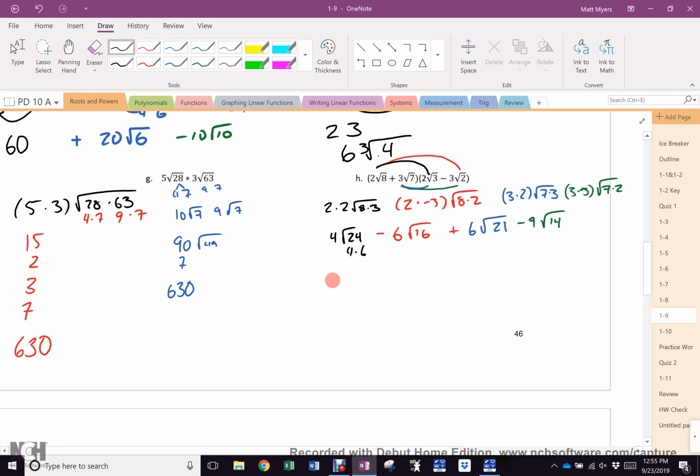What comes out? 8 root 6. Square root of 16 is what? 4. So that is what comes out. 4 minus 24. Does 21 get any simpler? No, so it stays. Does 14 get any simpler? So it stays. And you would be done. Okay?